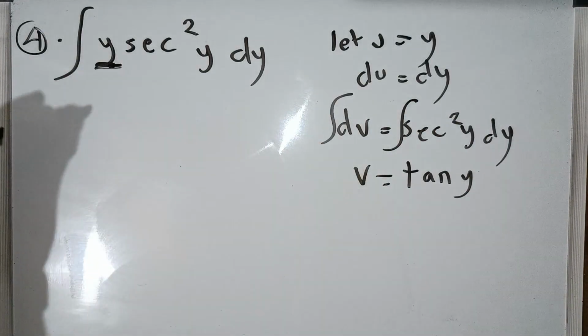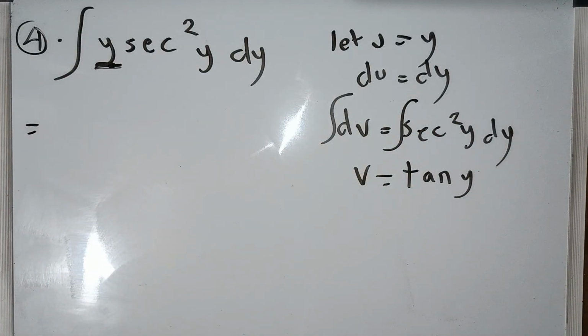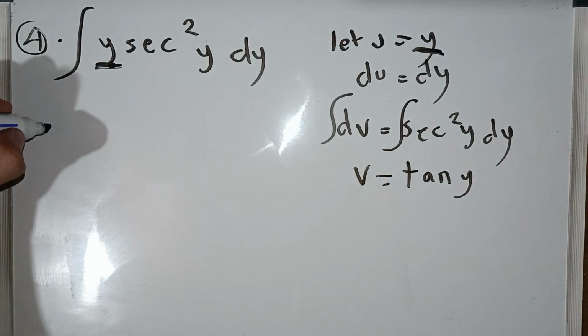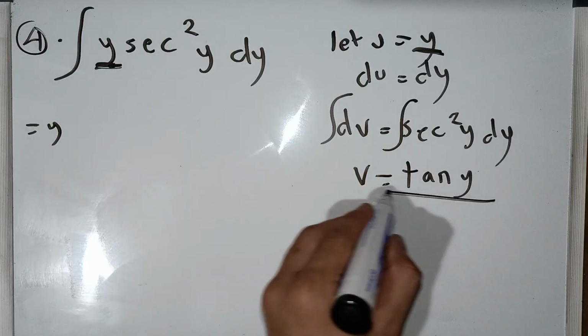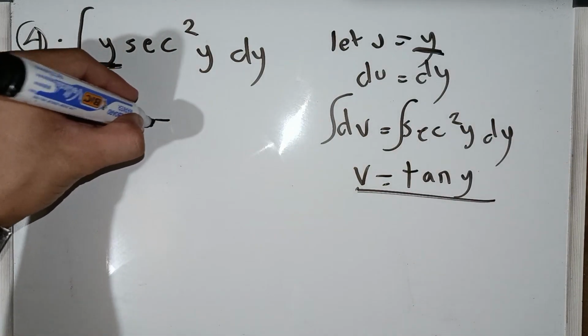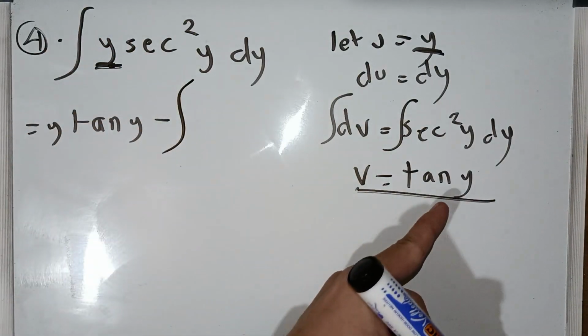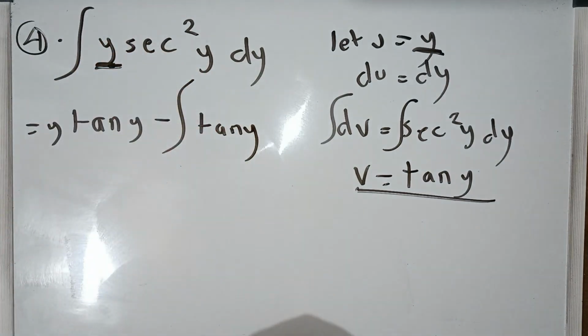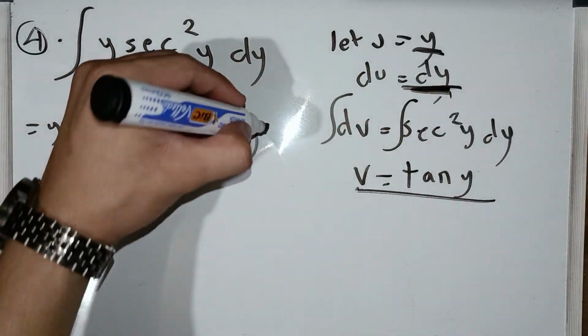So let's proceed to integration. That is equal to our u, which is y, and our v, which is tan y, so y tan y, minus the integral of v, which is tan y, and our du, which is dy.